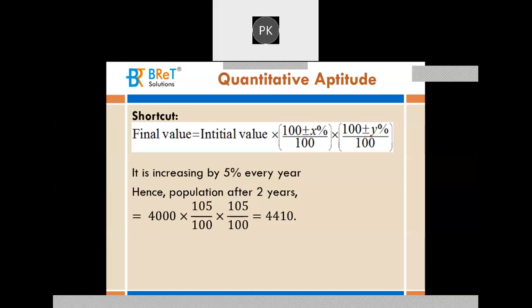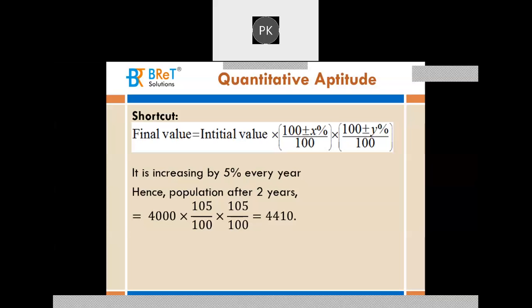A shopkeeper sells this article at a profit of 20 percentage. Then find the selling price of the article.